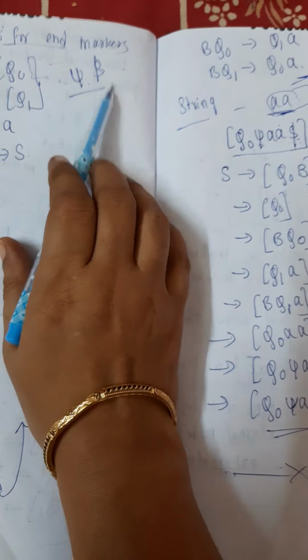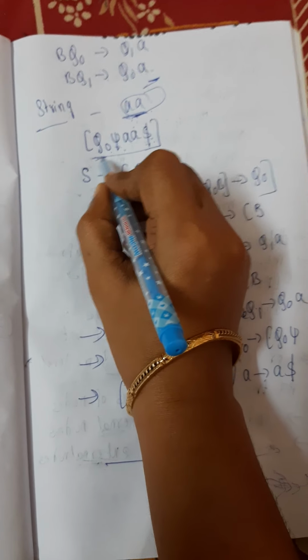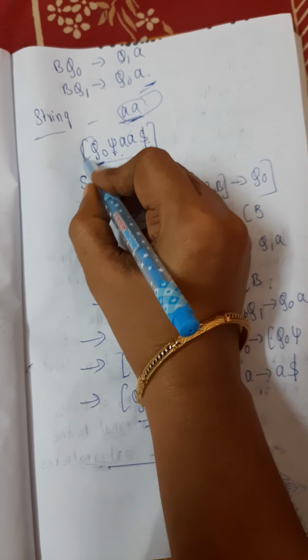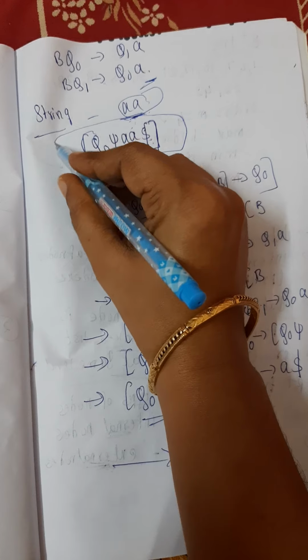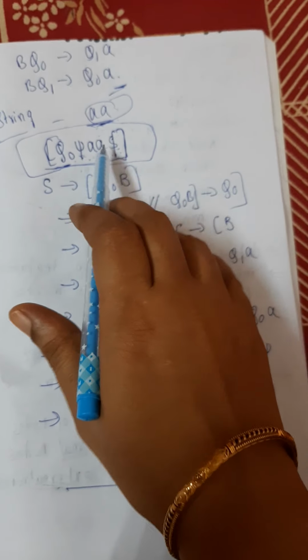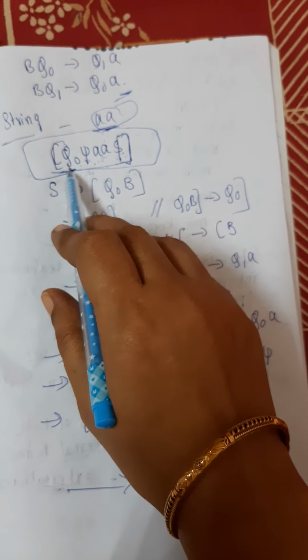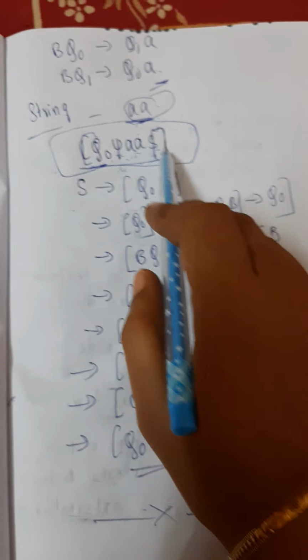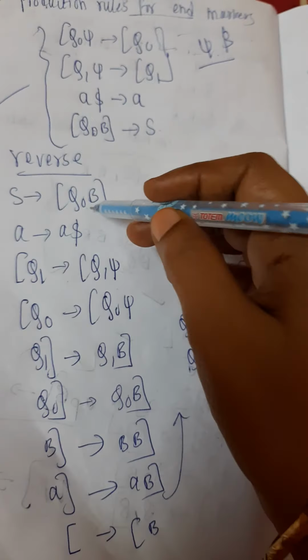You take initially the Q naught state, and the left end marker and the right end marker you have to consider. Again I repeat, the input will be between these two symbols. Now all these are the productions you have.